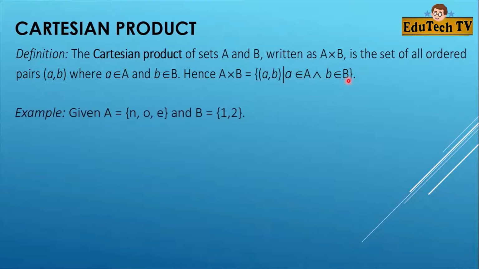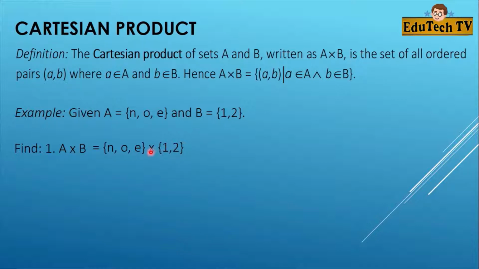Now let's have our example. Suppose we are given a set A whose elements are N, O, E and set B whose elements are 1, 2. Now if we're going to find the product of A and B, or A times B, then we'll just have to write the elements of A times 1 and 2.